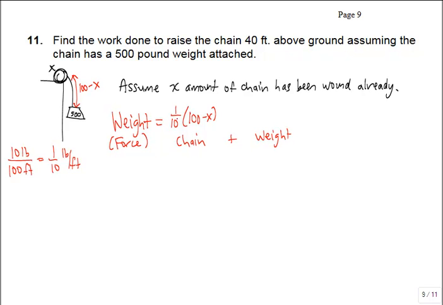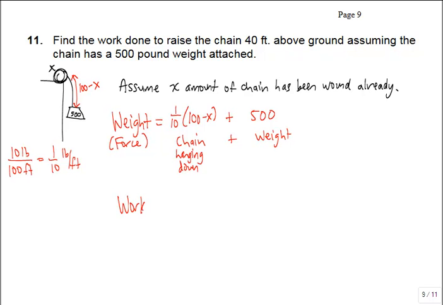So this is going to give me pounds per foot times feet, which is just pounds. So this is the weight of this chain hanging down. And then on top of that, we have an additional 500 pounds of weight hanging down, and that's not changing. That's that fixed force. So that's just going to be plus an additional 500.